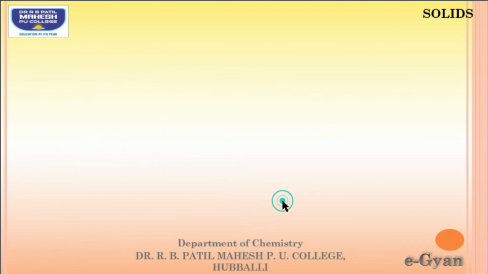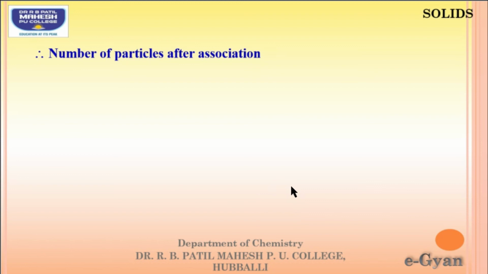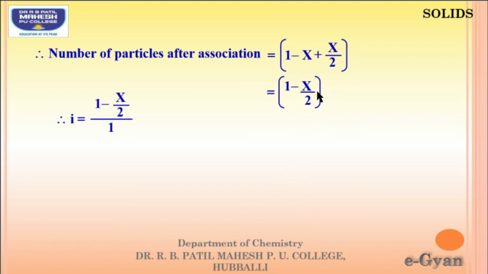So let us calculate: the number of particles after association is equal to 1 minus x plus x by 2. On solving, I will get 1 minus x by 2. So i is equal to the number of particles after association divided by the number of particles before association. After association it is 1 minus x by 2, divided by the number of particles before association, that is equal to 1. But the i value we already know, 0.5042. Substitute: 1 minus x by 2 equals 0.5042.